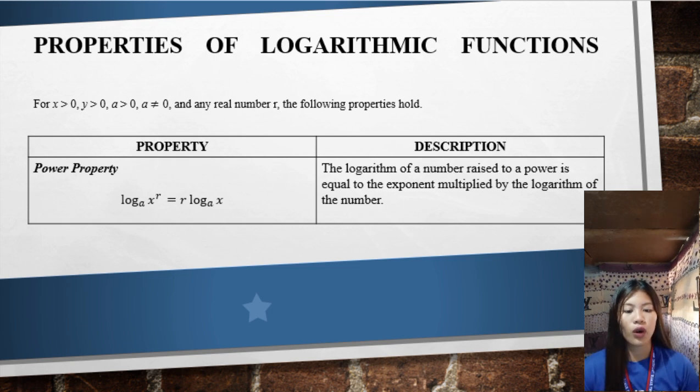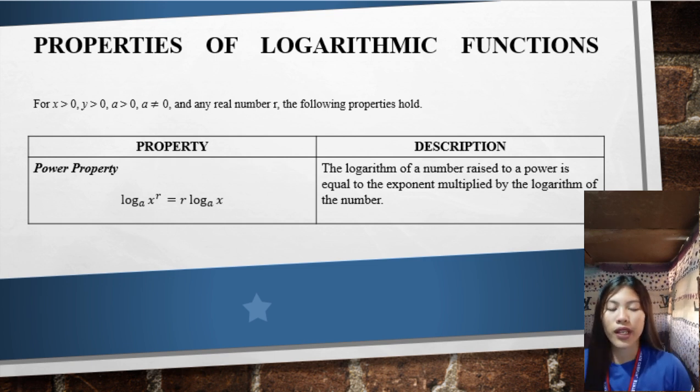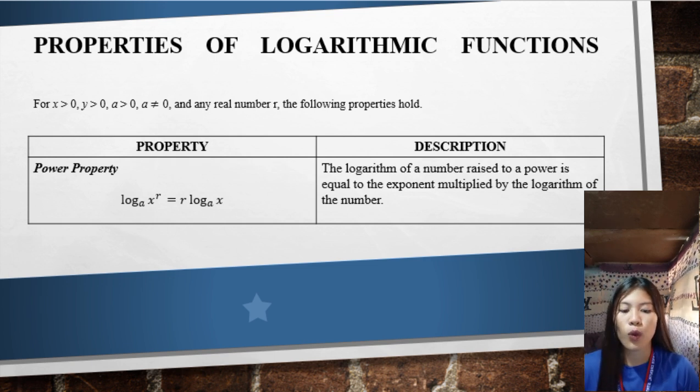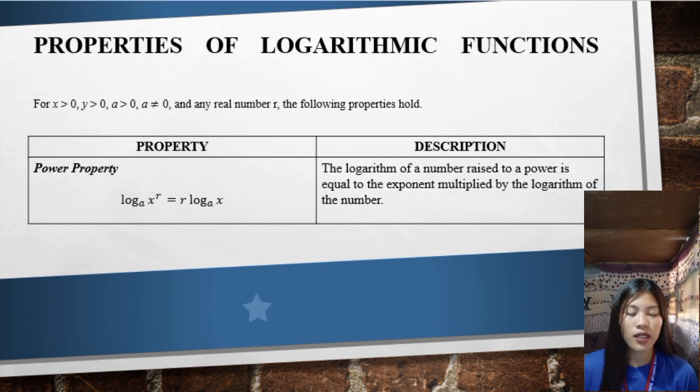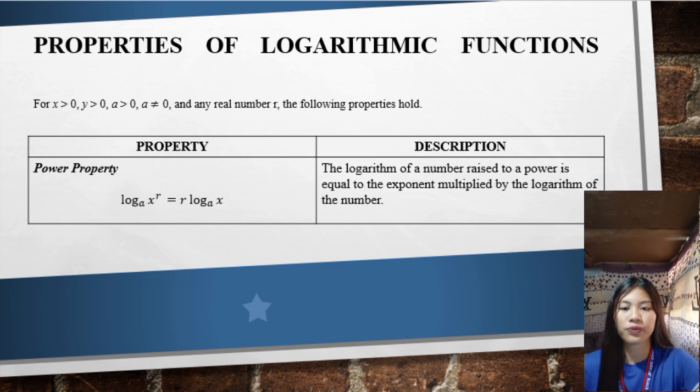This property states that the logarithm of a number raised to a power is equal to the exponent multiplied by the logarithm of the number. Mathematically, this is expressed as log base a of x raised to r is equal to r times log base a of x, where a is the base of the logarithm, x is the number, and r is the power.